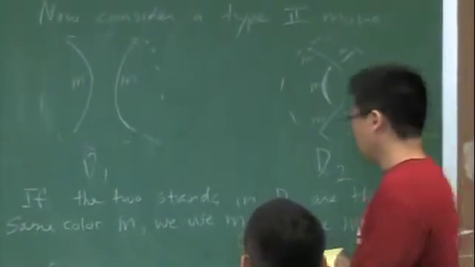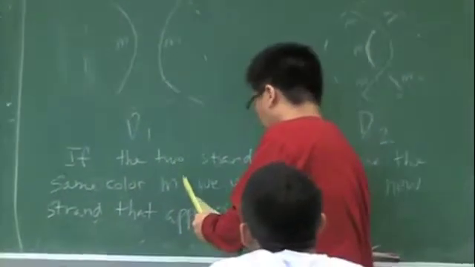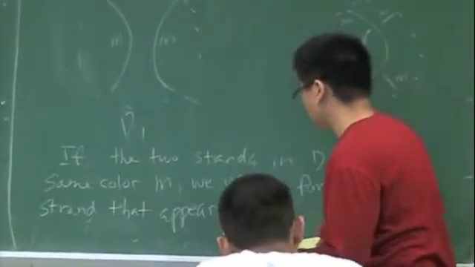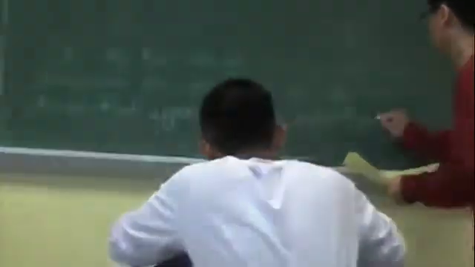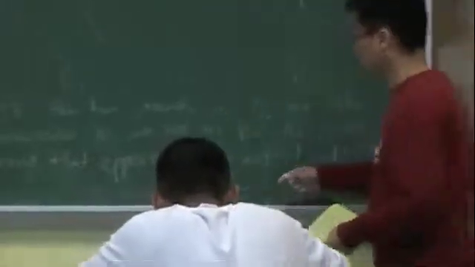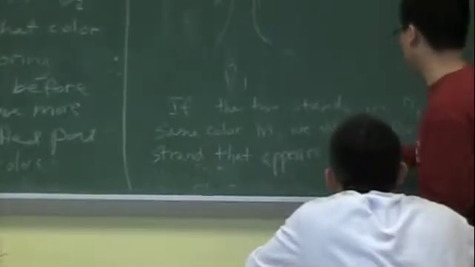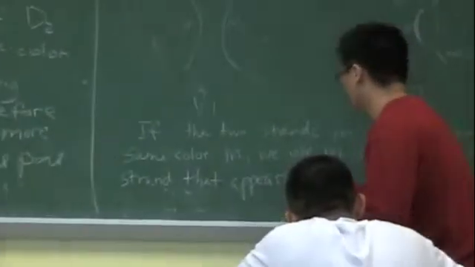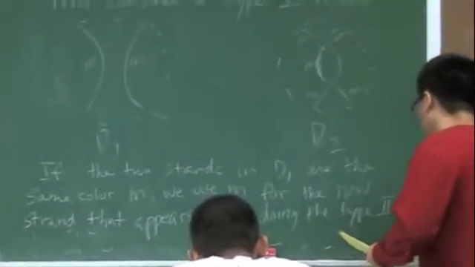For the new strand that appears in D2, in the modified part of D1, after doing the type 2 move. Let's just leave it at that.